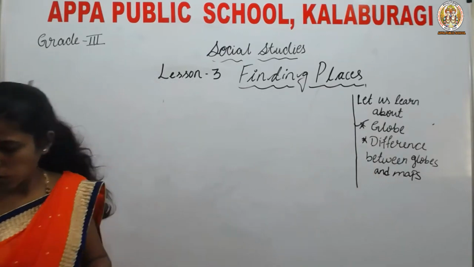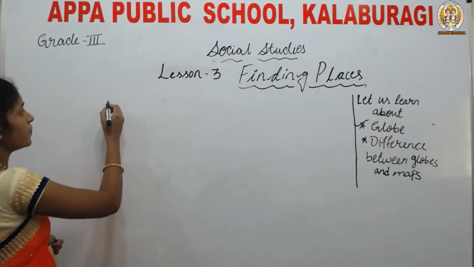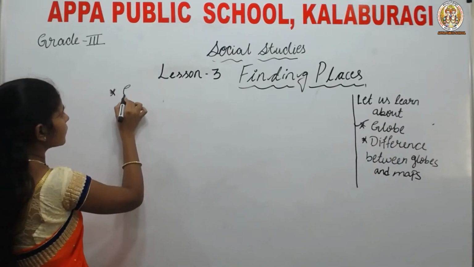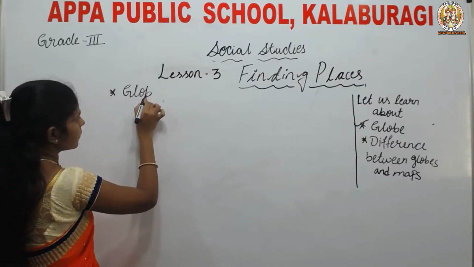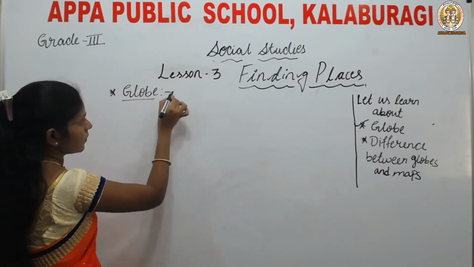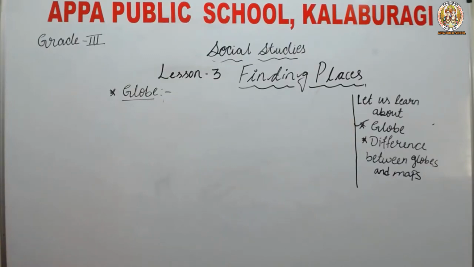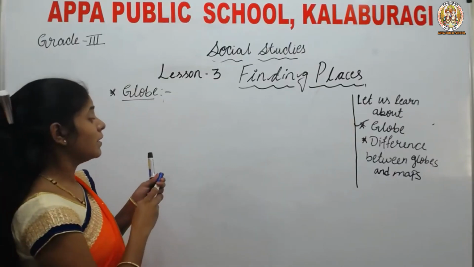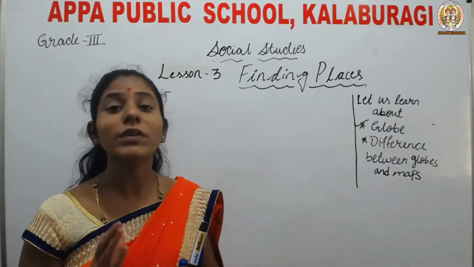What do you mean by globe? A globe is a model of the earth.